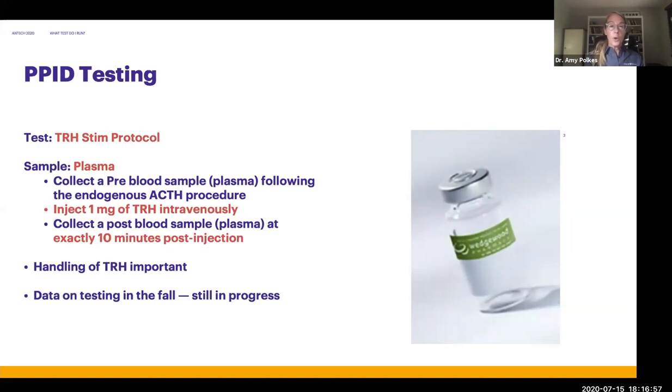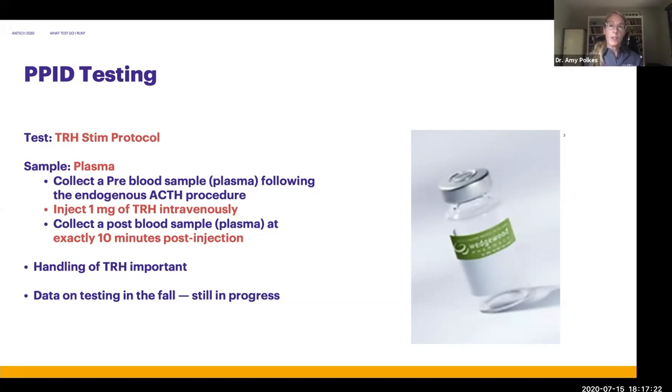And we really don't have data at this point in time showing the TRH stim in the fall. It's still in progress. There's no exact data lines. We know that if you did a TRH stim in the fall and that horse was probably over 500, that seems to be where the cutoff may be, then you could be pretty confident that that horse does have PPID.